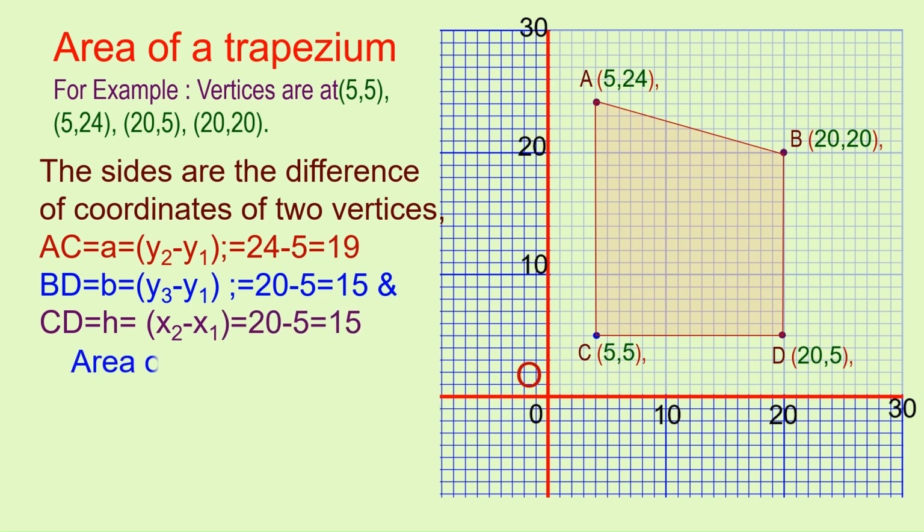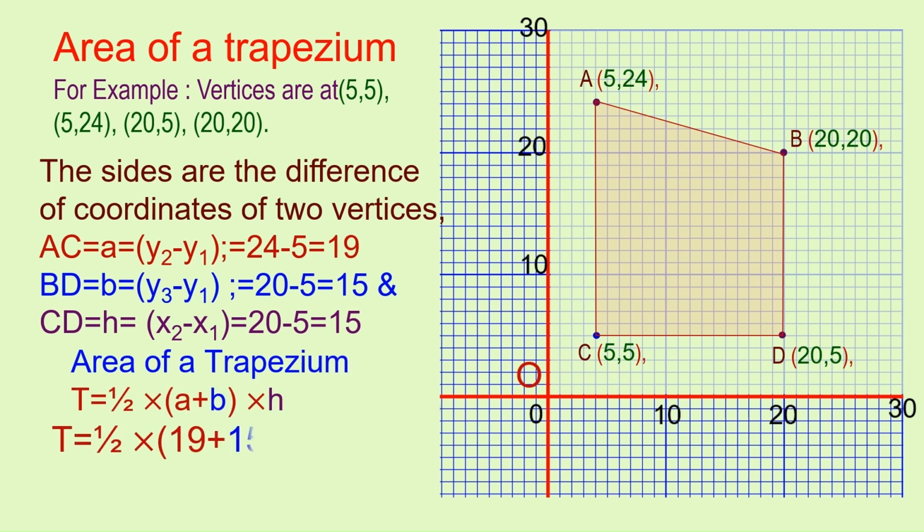Area of a trapezium, T equals 1/2 times a plus b times h. T equals 1/2 times 19 plus 15 times 15 equals 255.